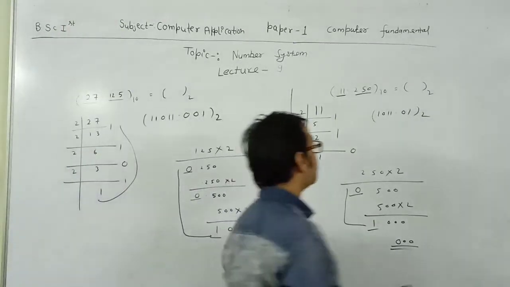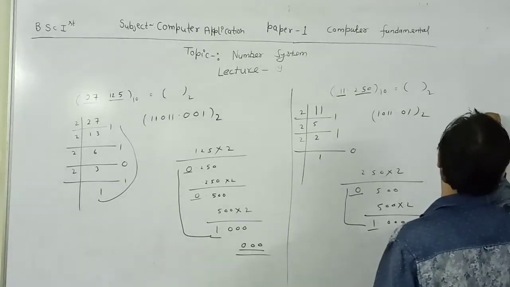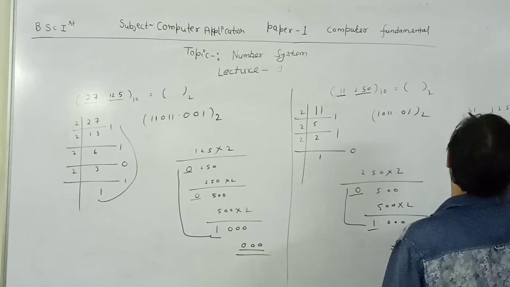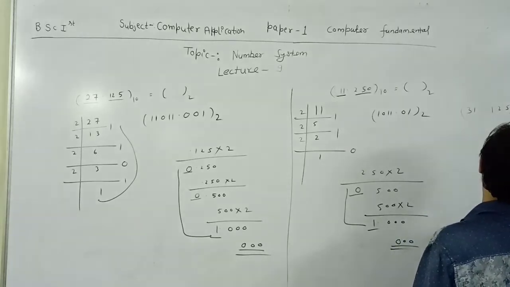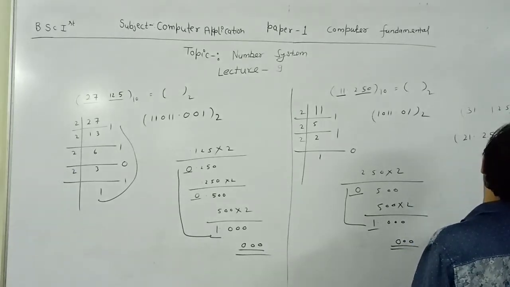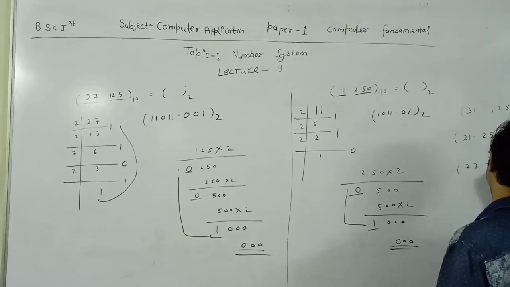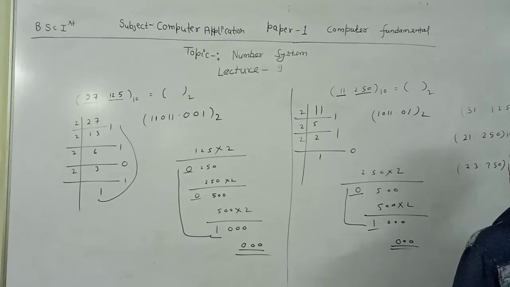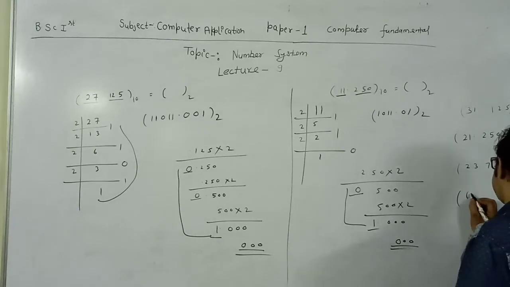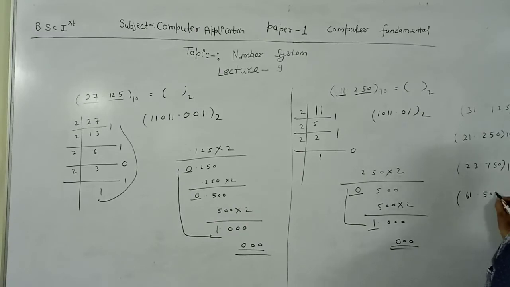So I give you these 4 questions as homework: 31.125 base 10 to base 2, 21.250 base 10 to base 2, 23.750 base 10 to base 2, and 61.500 base 10 to base 2.